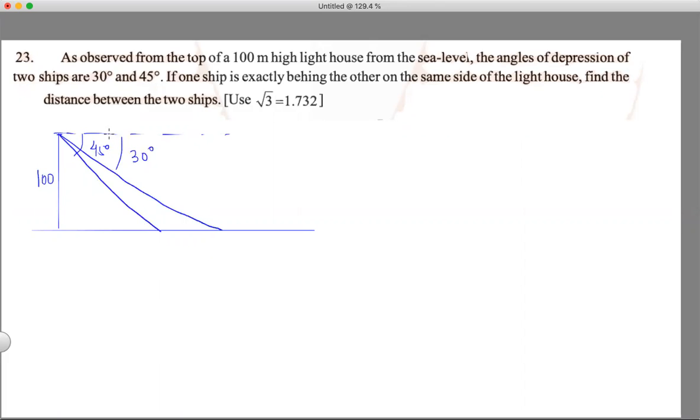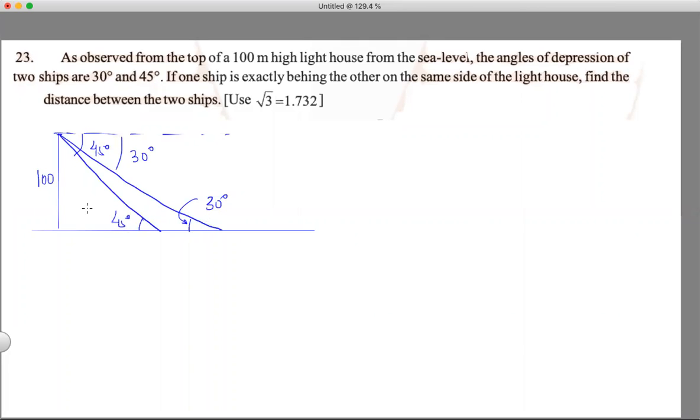Obviously we can say that this angle is 30 degrees and this angle is 45 degrees, right? These are alternate angles, so we can easily say that.